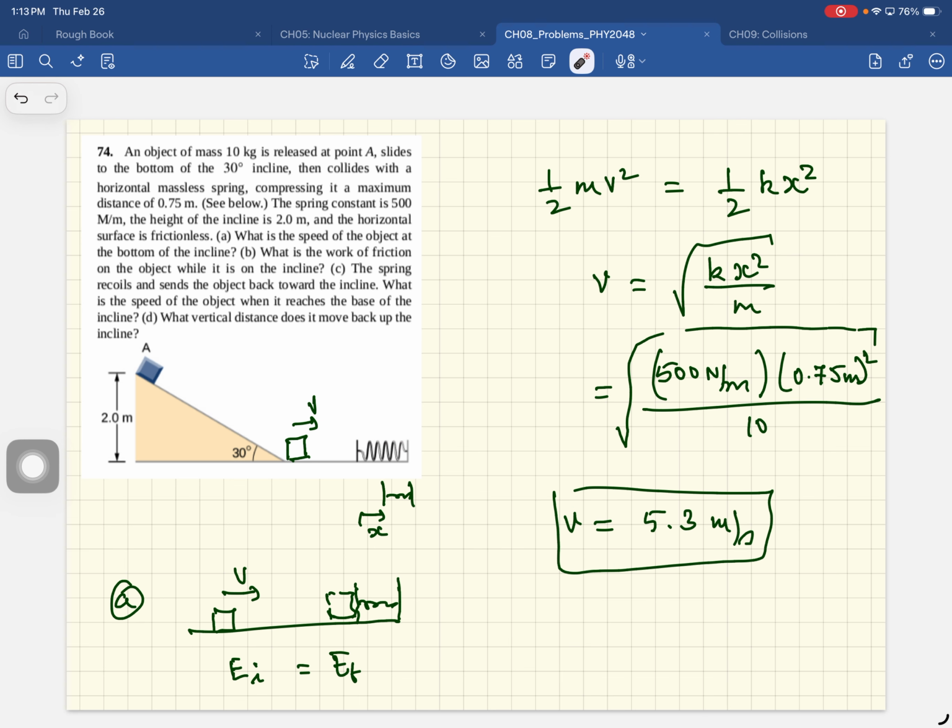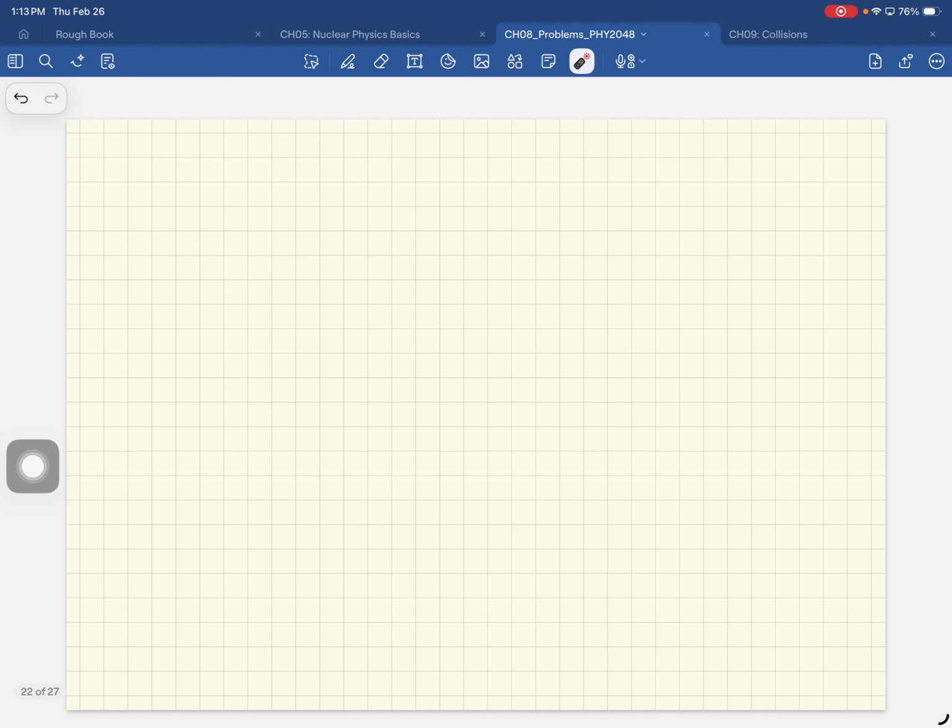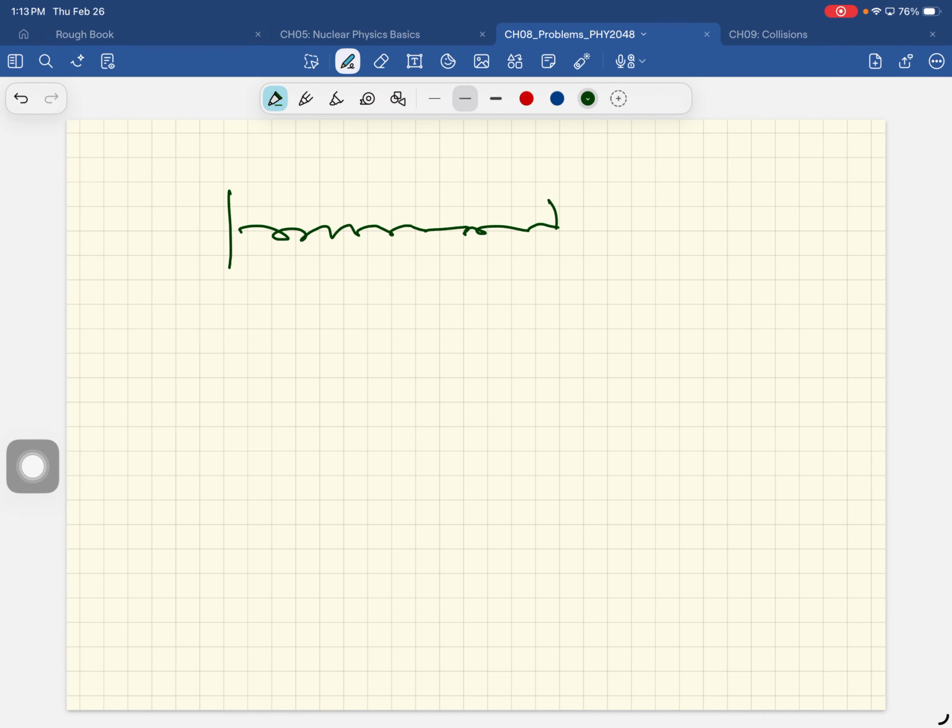How come k was a negative? No, the negative sign tells you the direction of the force. In this equation, the spring constant is positive. This is x equal to 0.